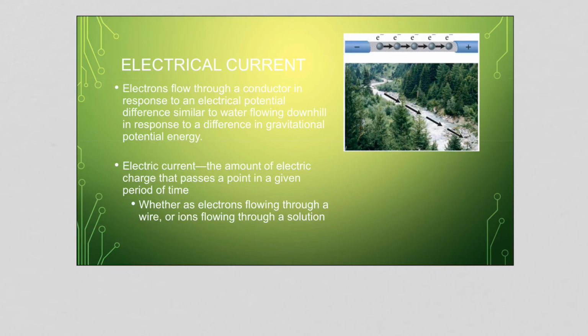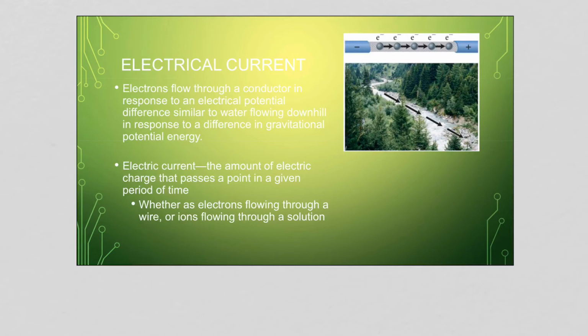And there is going to be a flow because of a difference in potential between those two ends, right? So just like water flows downhill because of a difference in gravitational potential energy, electrical current flows because of a difference in electrical potential.